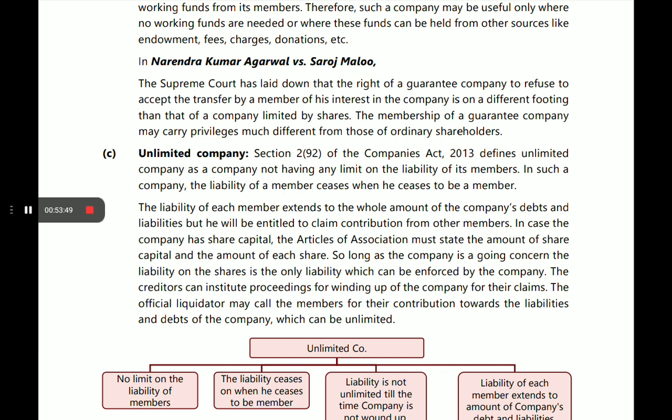The creditors can institute proceedings for winding up of the company for their claims. The official liquidator may call the members for their contribution towards the liabilities and debts of the company, which can be unlimited.